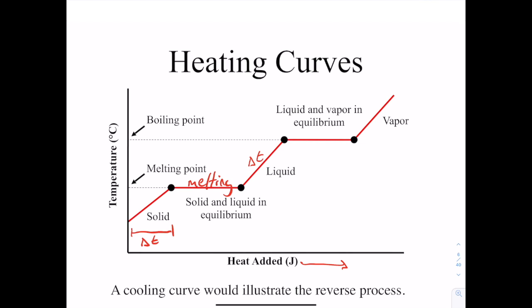And then you would get up to the boiling point. Here's the melting point temperature and the boiling point temperature. You call those normal melting and boiling points if you're under 1 atmosphere. Of course, they could be different if you have a different atmospheric pressure over top. Then this would be boiling, and the heat you add would go into that phase change, changing liquid to a gas. And then once it's all changed to a vapor, you're increasing the temperature of the gas.